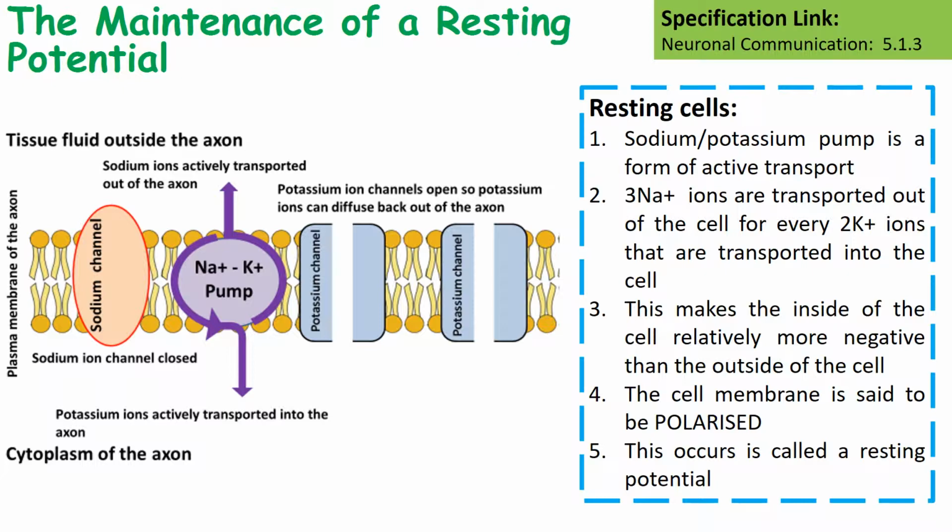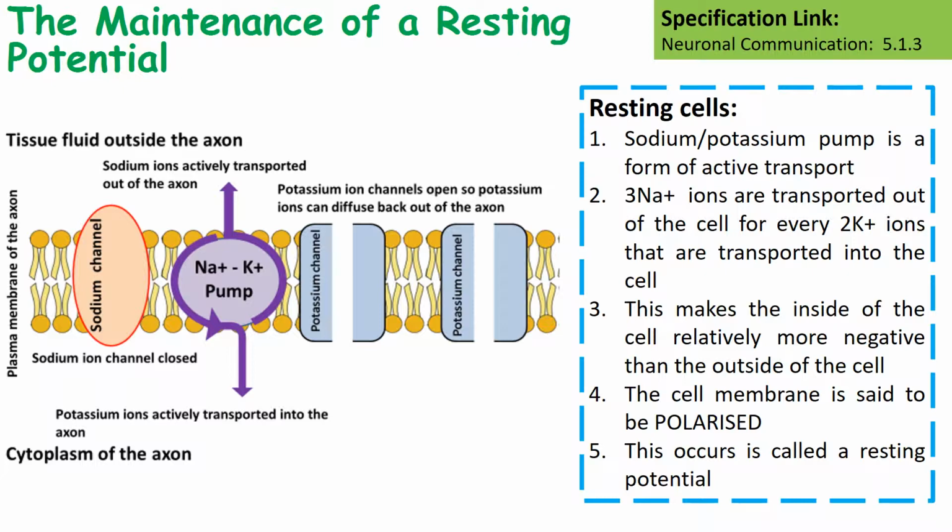We need to be aware that there's tissue fluid outside of the axon, which requires sodium ions to be actively transported out into it, and potassium ions to be actively transported into the axon.